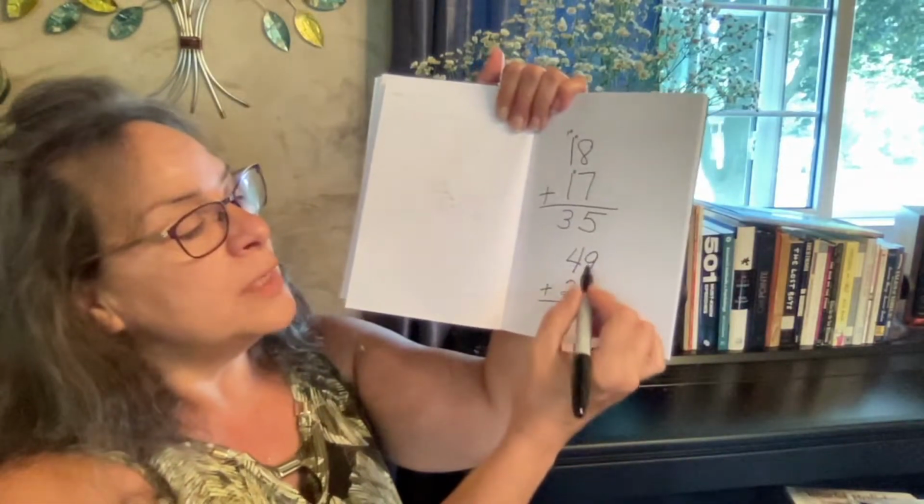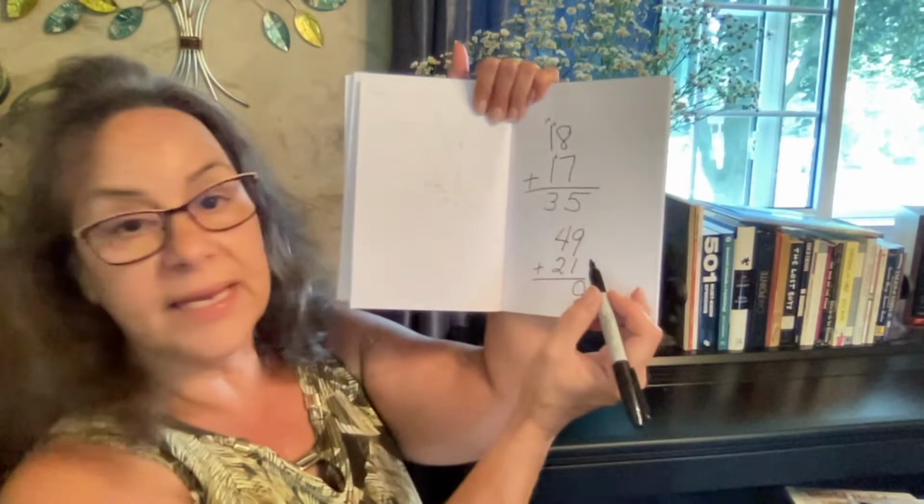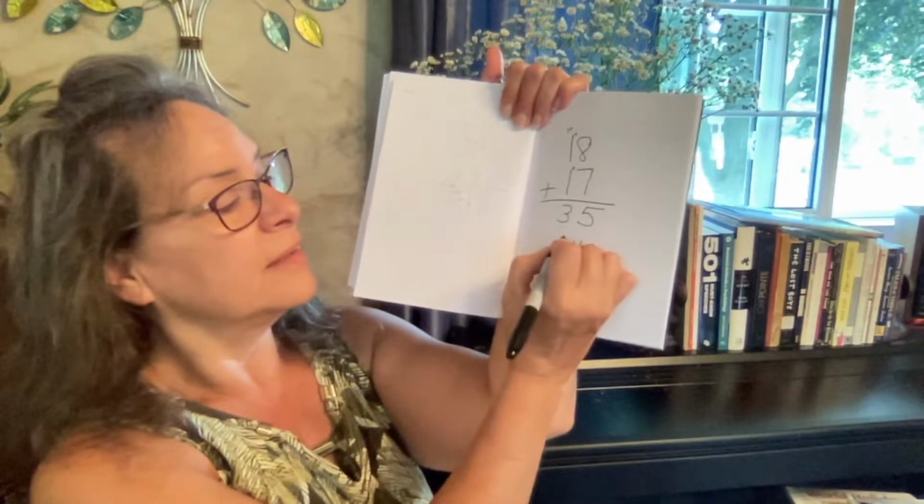That's why we learned place values. So 1 plus 9 equals 10. We write down the 0 and carry the 10.